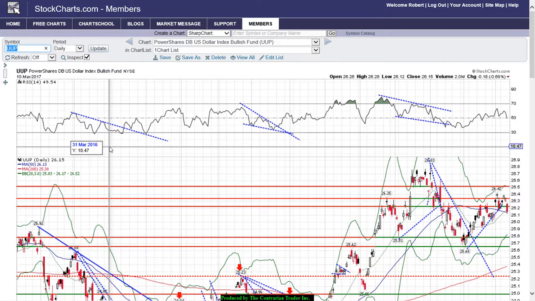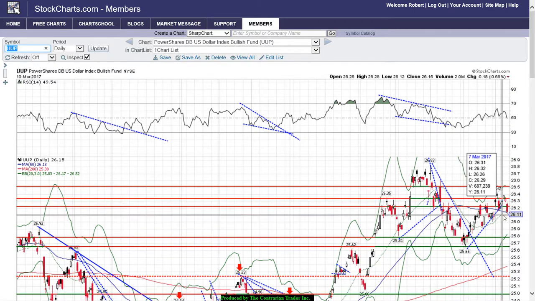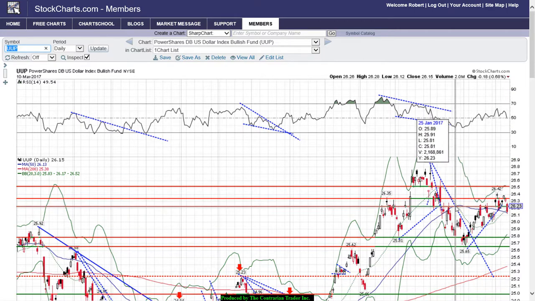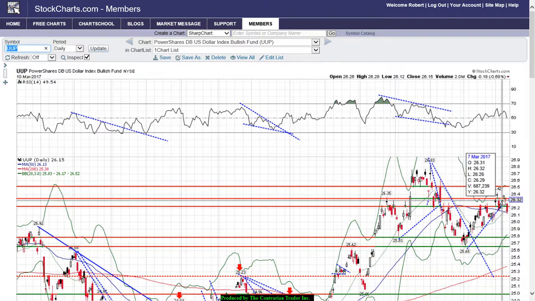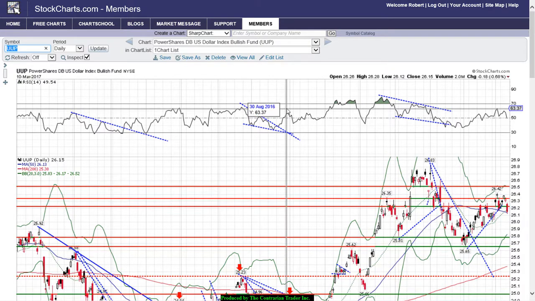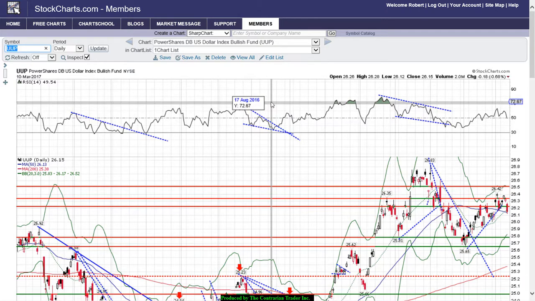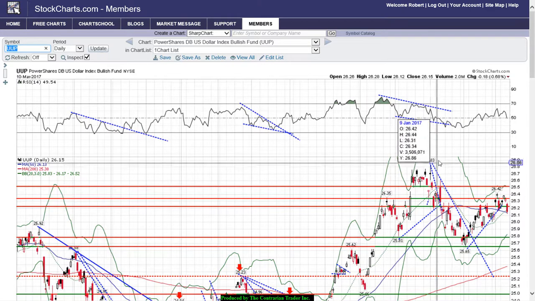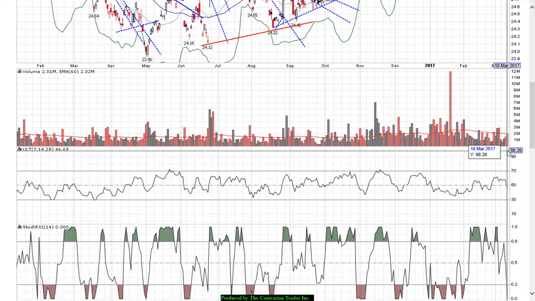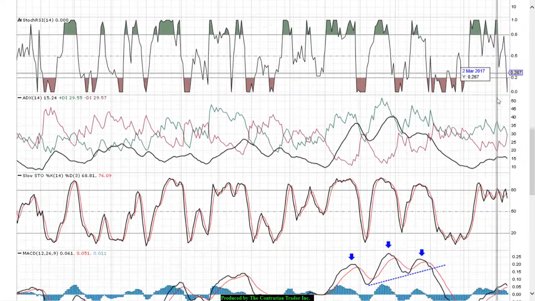Now, yesterday we saw a breakdown on the US dollar below a key support level. It broke a daily uptrend. On a weekly basis, it has yet to break that uptrend, but on a daily basis, a very bearish day yesterday. We closed right at the 50-day moving average with volume that rose sequentially, but was only about average.